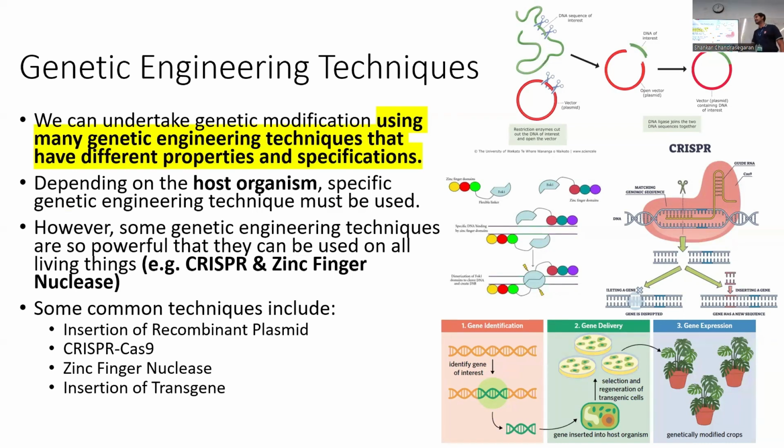Okay, it's just one of the techniques, which is a zinc finger nuclease. They are powerful techniques as well, but the invention of CRISPR basically blew all of them out of the water because CRISPR not only is a powerful tool, the key thing that CRISPR does that no other genetic engineering tool is capable of doing is that it is very precise. The CRISPR tool is able to make cuts in the DNA at a very precise location.